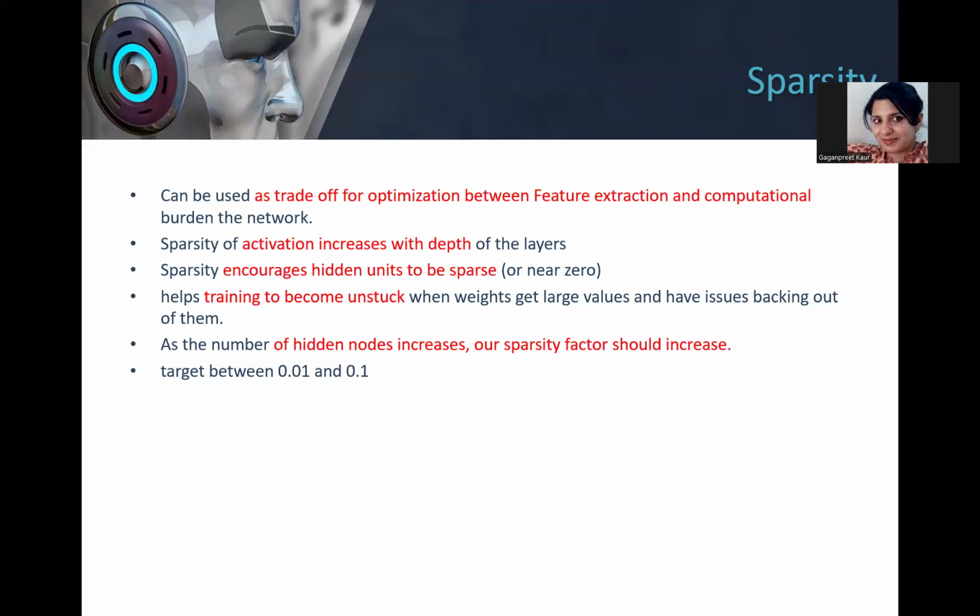It also depends upon the activation you have used, and the sparsity of activation depends upon the number of layers we are using. It tries to keep my activation values near zero. Why? To make them neutral, I want them around zero so that the guiding of the network goes on unbiased.